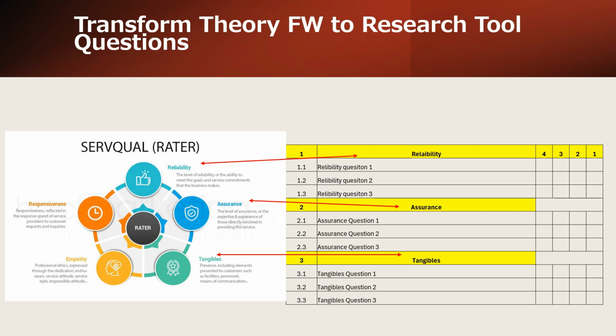As you see here, there are arrows pointing to headers like reliability, assurance, and tangibles. Under those would be questions that could answer my main variable, which is reliability. And on the right side, you have the scales on which your respondents will check how they feel about that particular variable or that particular question.